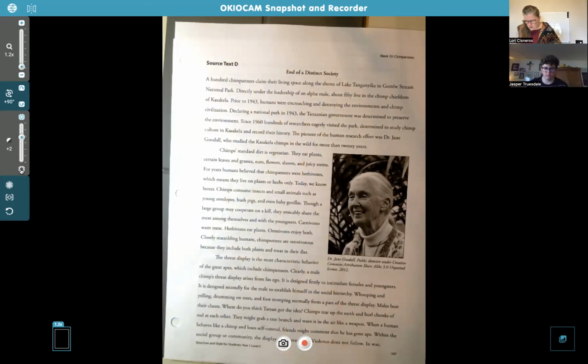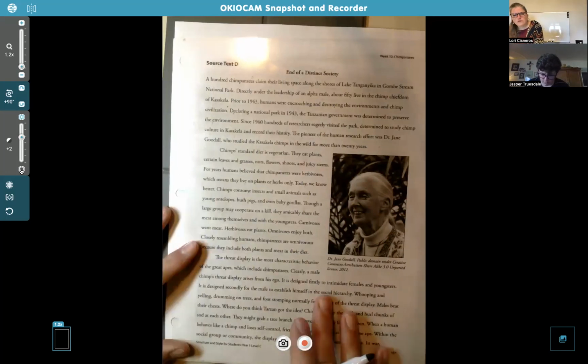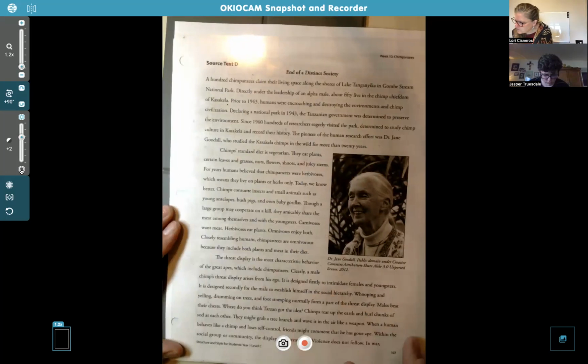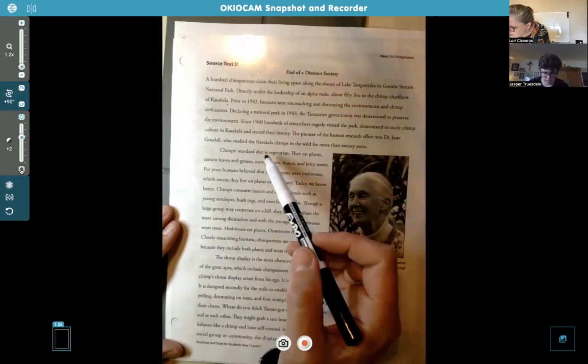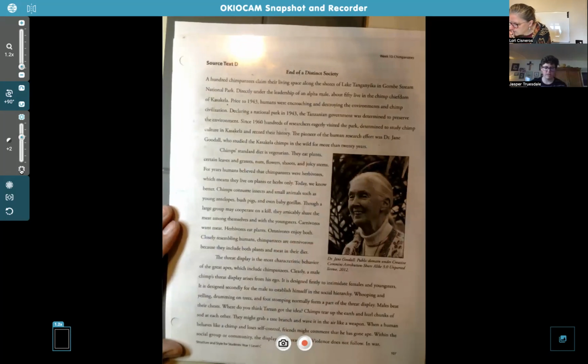Okay, so let's look at this one. First paragraph. Talking about living spaces. I was thinking maybe studying, but that seems like it would collide a little bit too much with the first sentence because that one's living spaces.